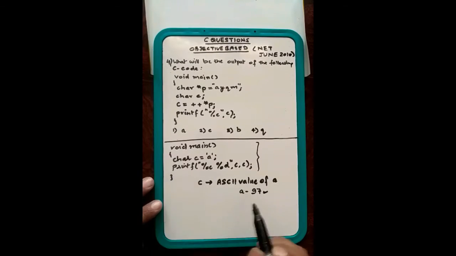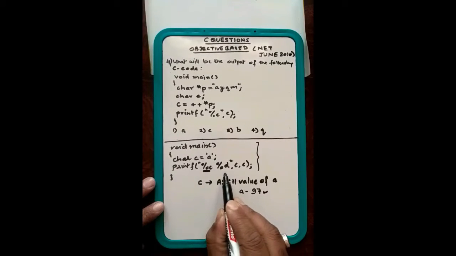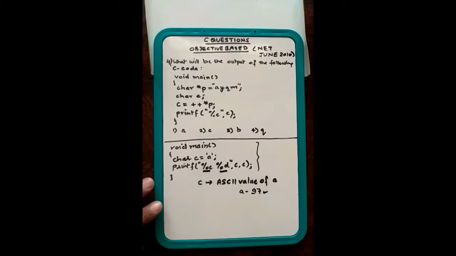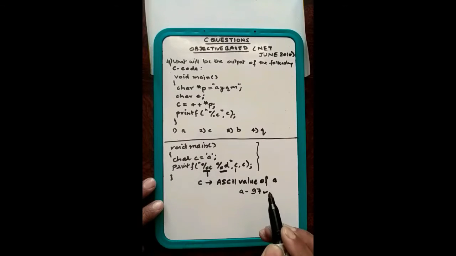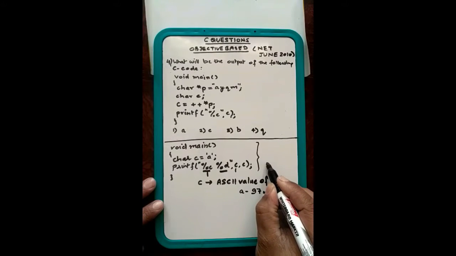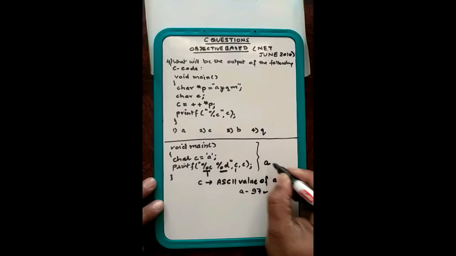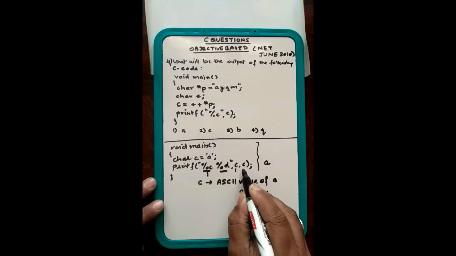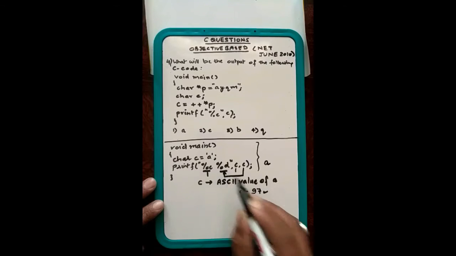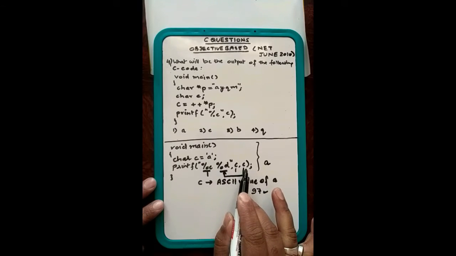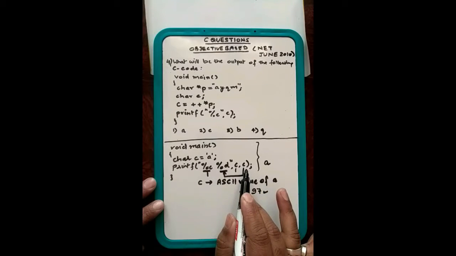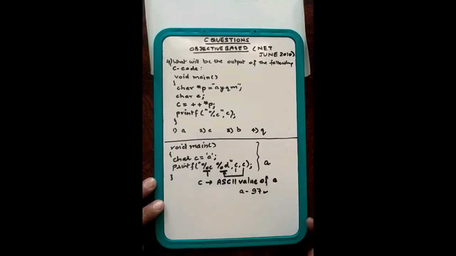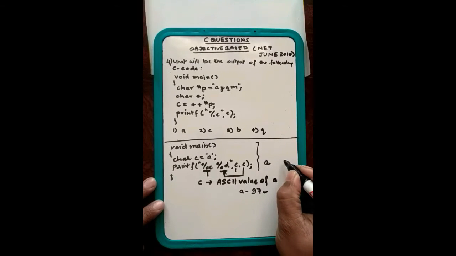Now when we have written printf percentage c percentage d, c comma c, what will be the output? It is saying to print the value of c in character format, that is, it will print the output as small a. And it is saying to print the value of c in decimal format, that is, the ASCII value of c will be printed here, and the output will be simply 97.